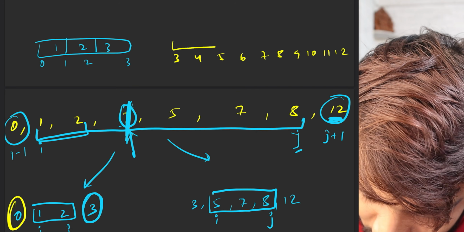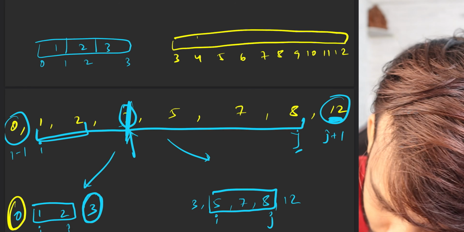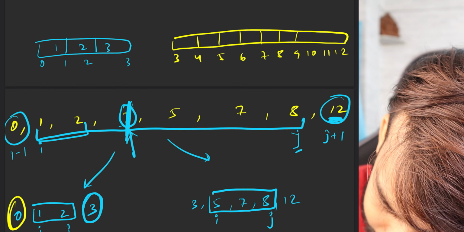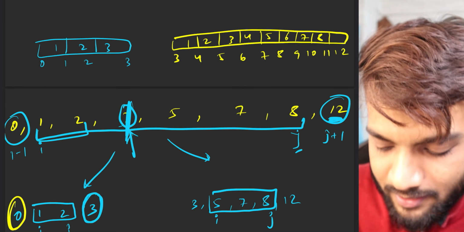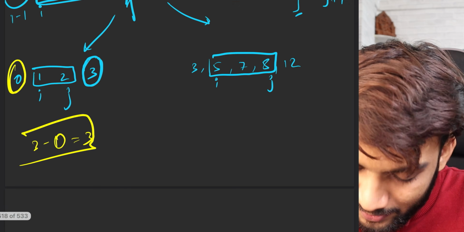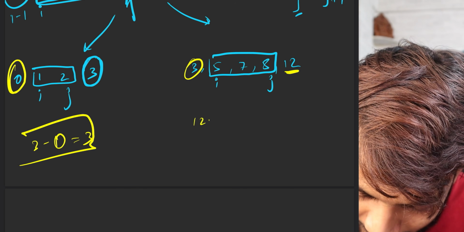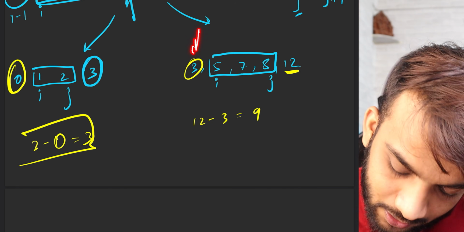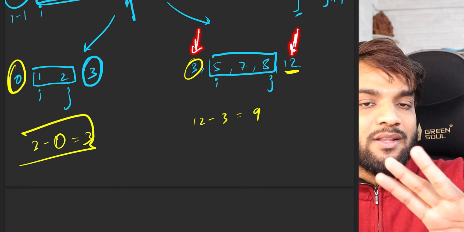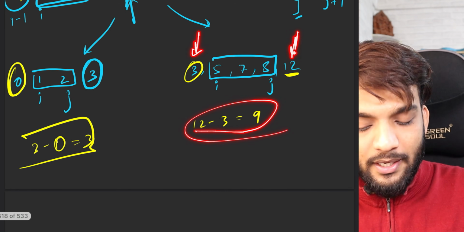Okay, so we just write this 4, 5, 6, 7, 8, 9, 10, 11. 1, 2, 3, 4, 5, 6, 7, 8, 9. 9 is the length. And if you again take 12 and 3, you get the length as 9. Because this is the last portion where you made the cut and this is the right last portion where the cut was. So 12 minus 3 will give you 9.